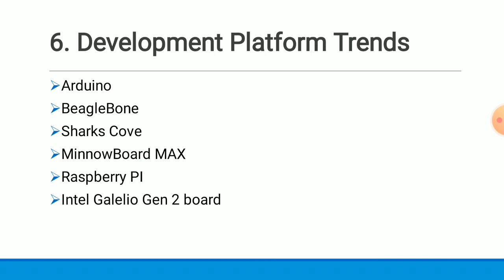It is built around Intel Atom processor and supports various interfaces like I2C, SPI, UART, USB, etc. Then Minoboard Max is an open hardware embedded design platform designed with Intel Atom processor and supports various interfaces, the same as that of Sharkscore, and it is a powerful platform for small scale low cost embedded system design. So this Minoboard's main use is in developing small scale low cost embedded systems.